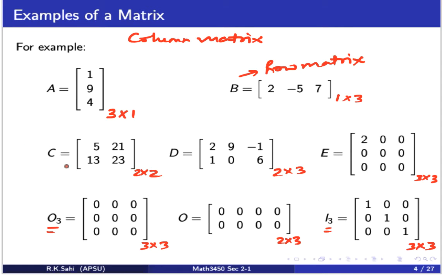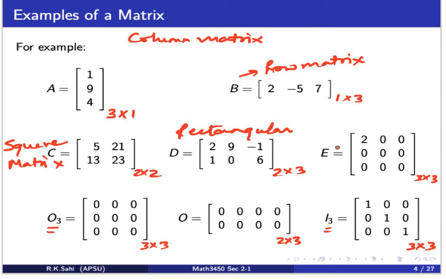Now, let's look at C. C has the same number of rows and the same number of columns. Just using the fact from geometry that a square has all sides the same, we call C a square matrix, because the number of rows and the number of columns are the same. Following the same analysis, D doesn't have the same number of rows and columns, so D is a rectangular matrix.